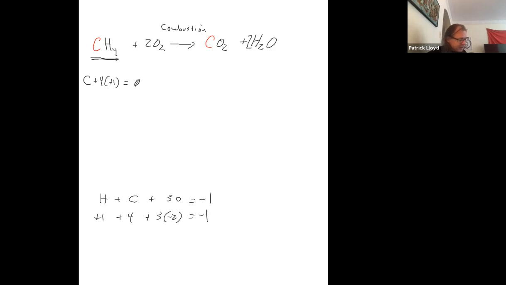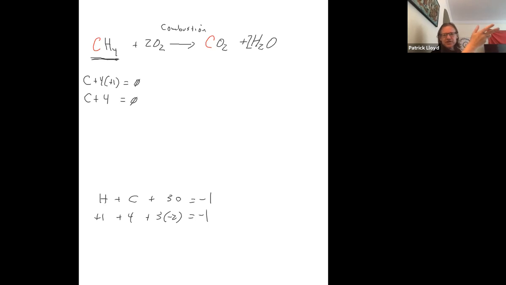Mathematically, 4 times +1 is +4. So in order for 2 numbers to add up to 0, one has to be positive and the other negative, or they both have to be 0, which I guess could happen. But we got +4.